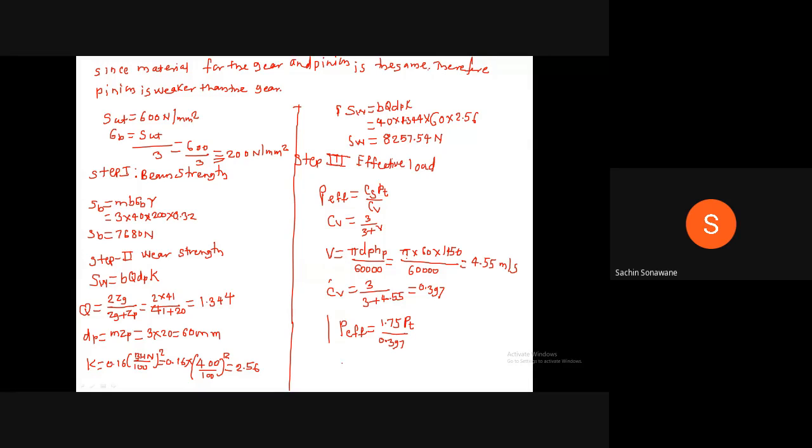Therefore, the effective load in terms of PT is 4.41 PT. Yes, correct. Therefore, effective load we have got. Now what you do, for this beam strength, you give equation 1 maybe.